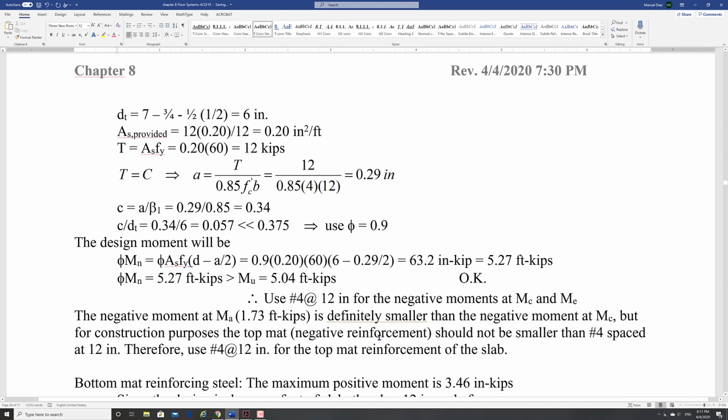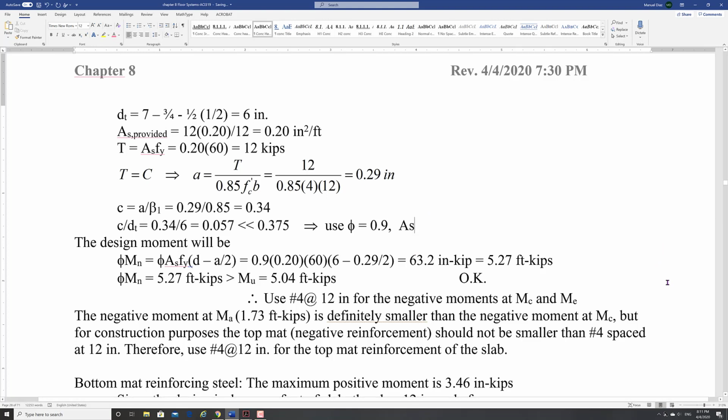Now, then it comes the really small moment that I have, the 173, right? But on that one, since we are already using number 4 at 12, and this is the practical minimum that we can use, then we will use the same value for that one. We cannot go really lower than that. Let me add here something.